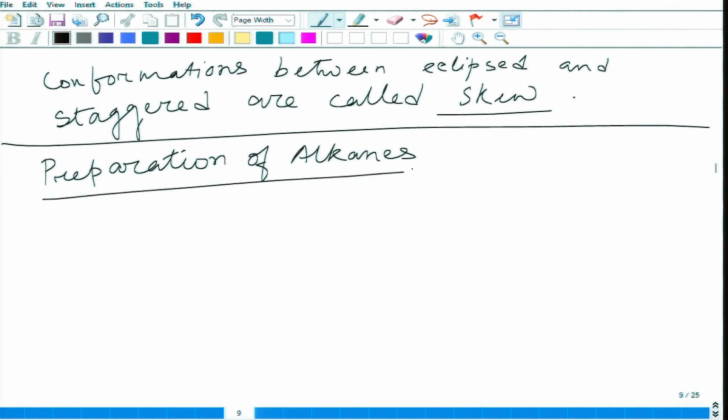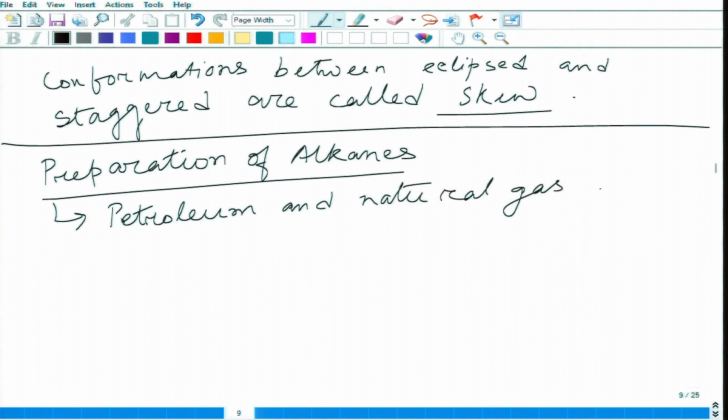Okay. So, what are the natural sources of alkanes? Petroleum and natural gas are the natural sources of alkane.